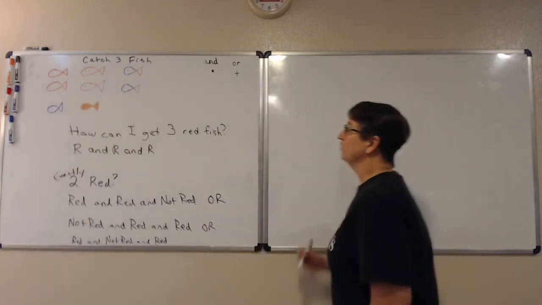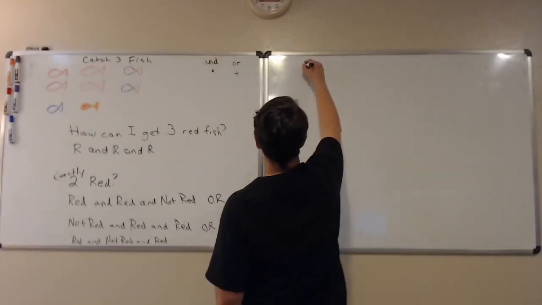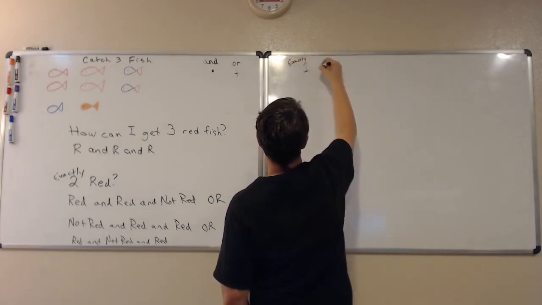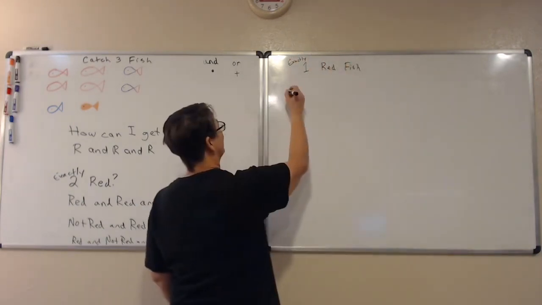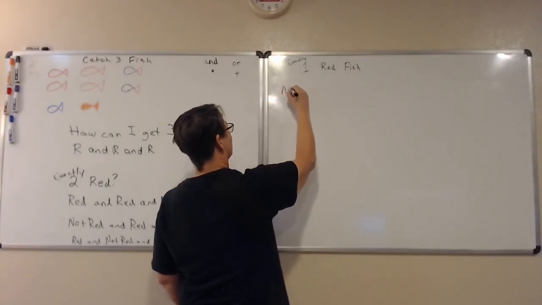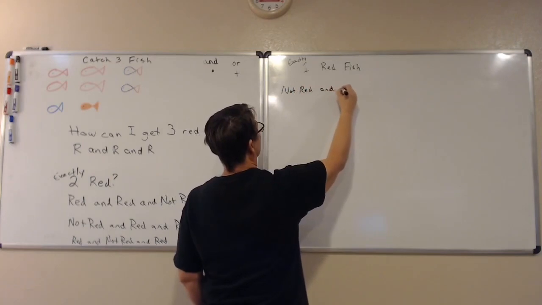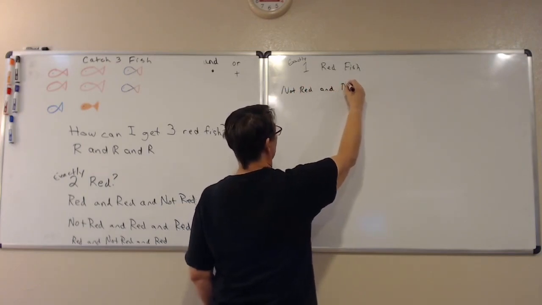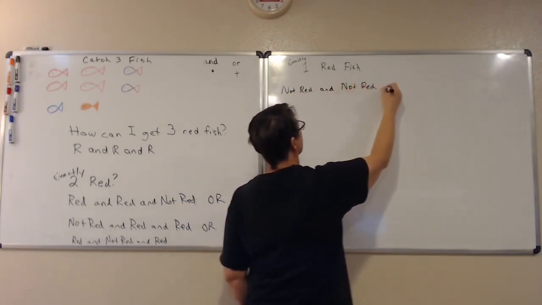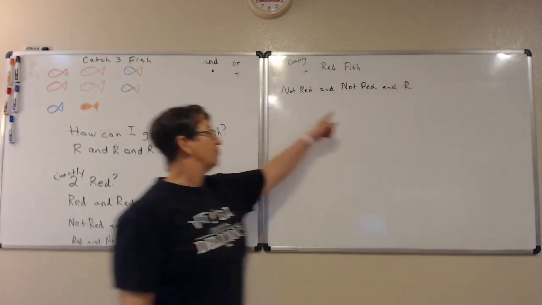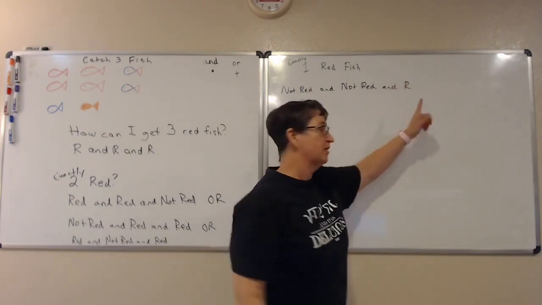All right, now let's see if you can do 1 red, exactly 1 red. Got it. So one way to do it is not red and not red and red, so that I end up with only 1 red.